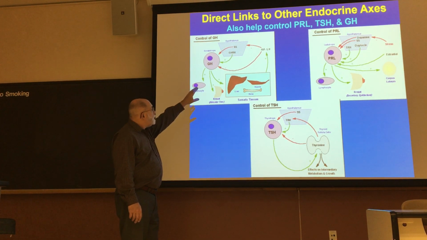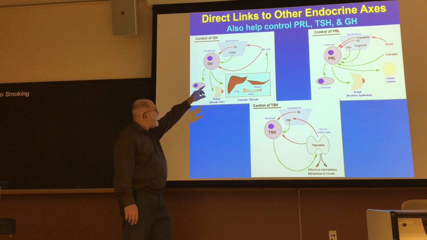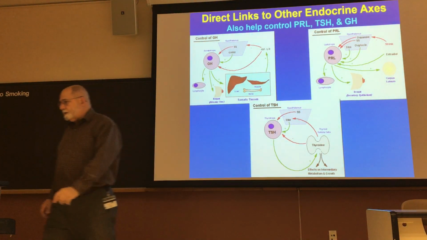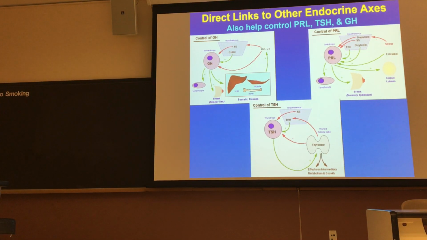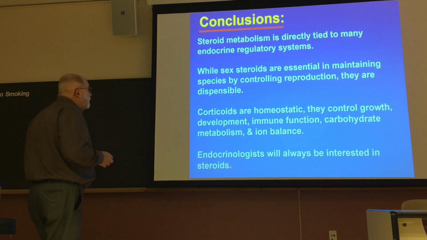Growth hormone binding proteins in circulation and IGF binding proteins in circulation are also sensitive to the circulating levels of steroids. So it's tied to a lot of different regulatory systems.